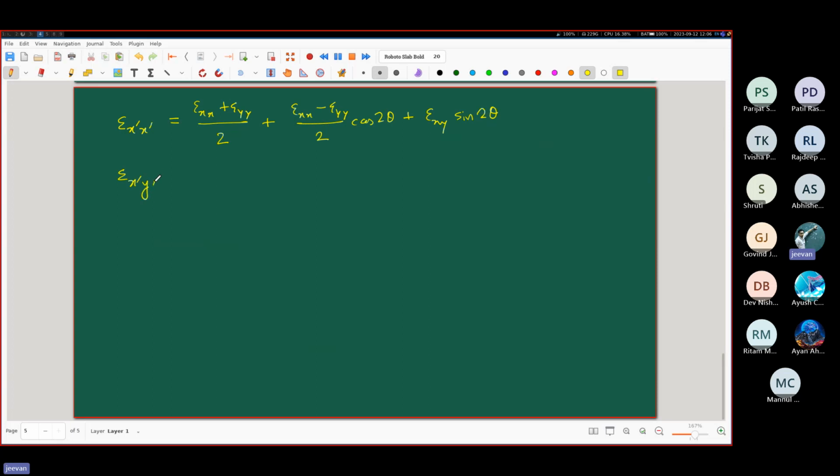Epsilon x dash y dash is equal to minus epsilon xx minus epsilon yy by 2, there is a minus sign here, sine 2 theta plus epsilon xy cos 2 theta.